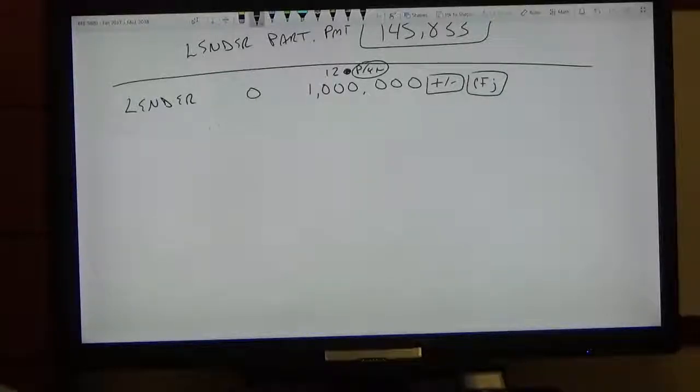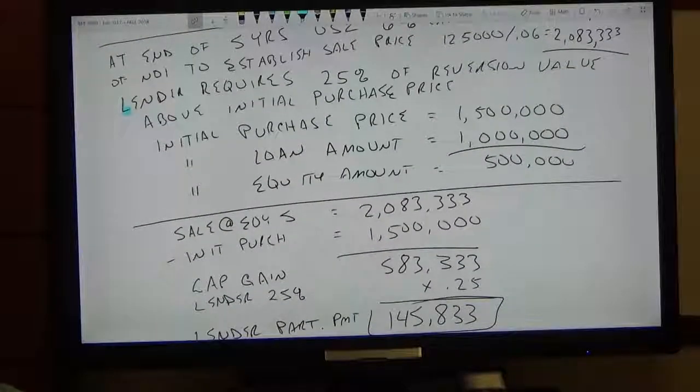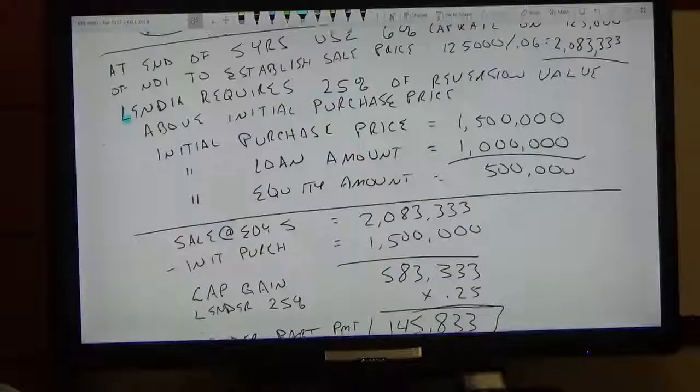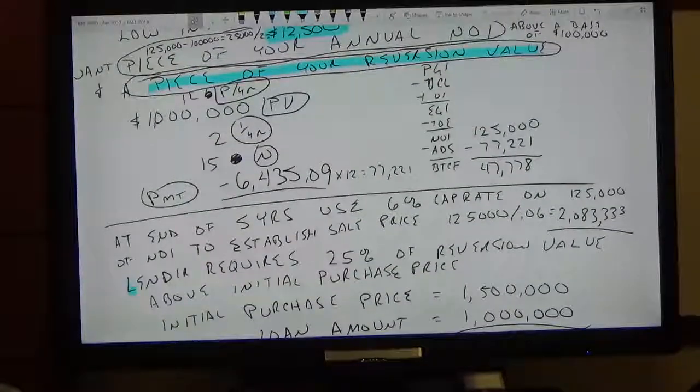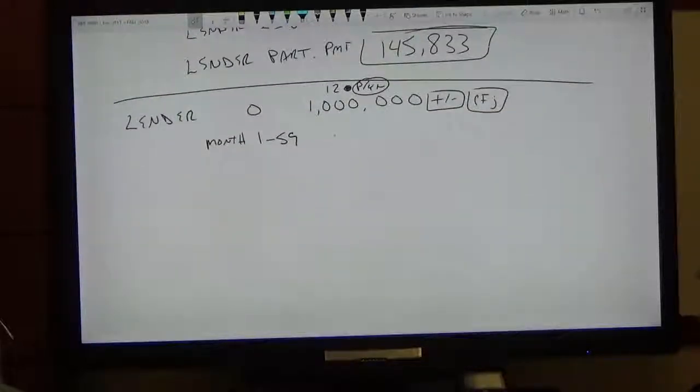In month 1 through month 60, well actually month 59, what is the lender going to receive? They are going to receive their monthly payment, $6,435.09.